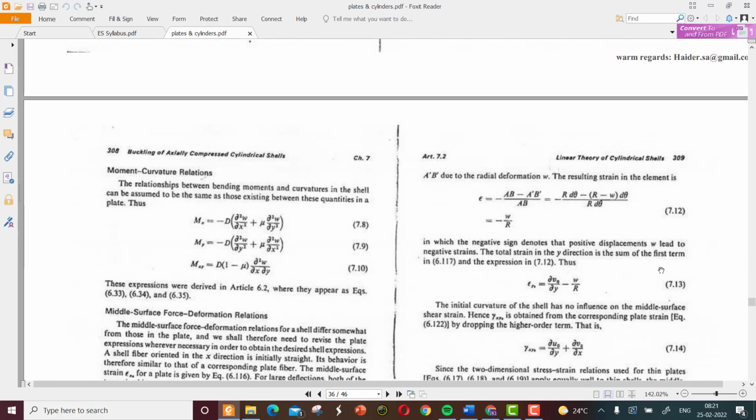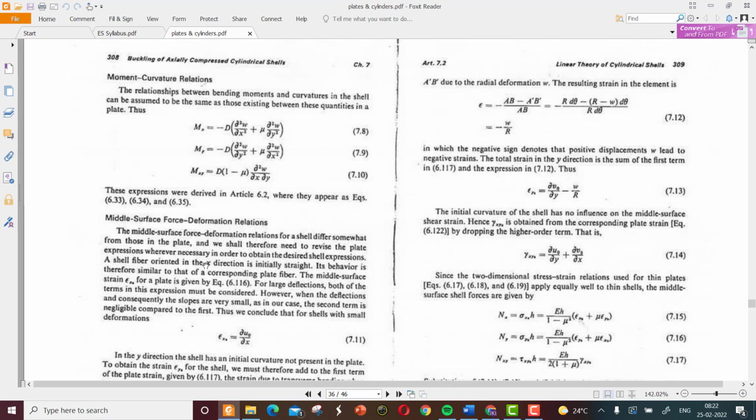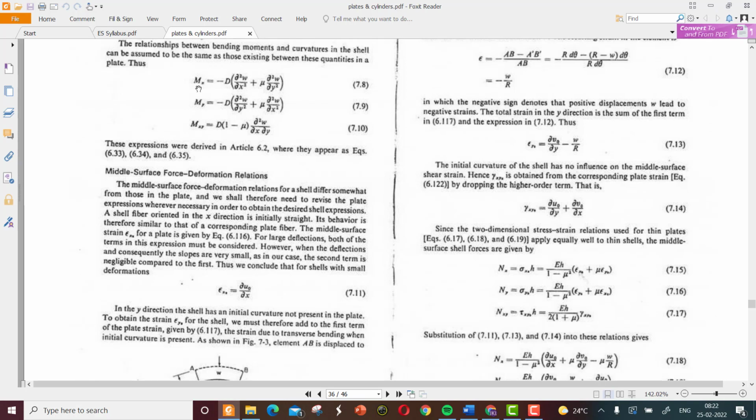Then we have the moment-curvature relationship, which we derived for the plate equation, and it is also applicable to shells. So these are the Mx, My, and Mxy equations which we derived for the plate.